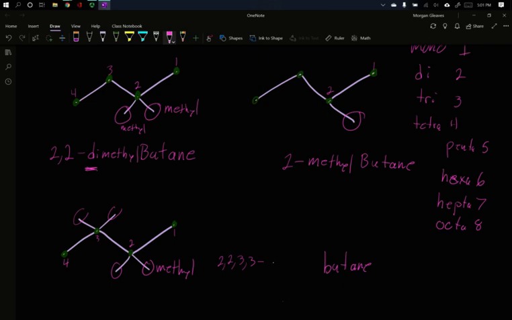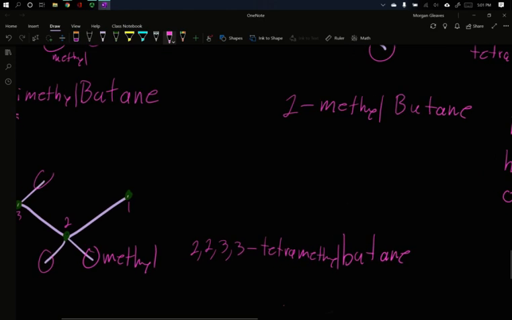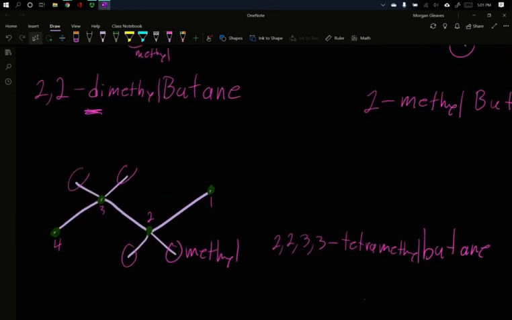And because there are 4 total, it is tetramethyl. This is a 2,2,3,3-tetramethylbutane. We use a comma to separate the numbers between the different positions, and we use a dash always between the numbers and the name. So 2,2,3,3-tetramethylbutane.